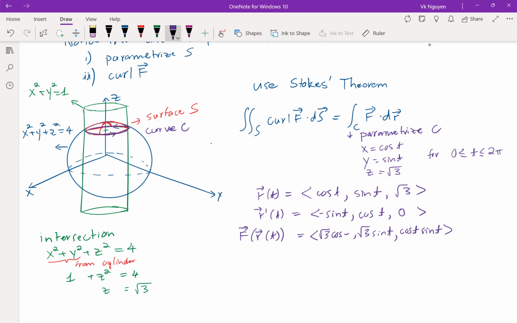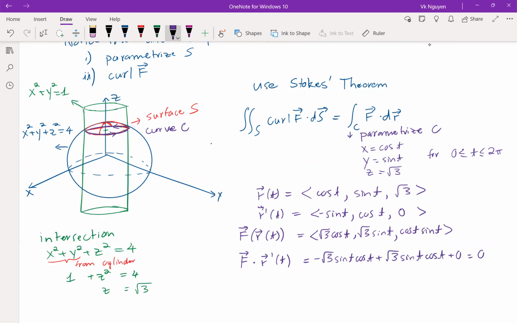Now dot them up, F dot r prime of t. Well, if we dot them up, look at what we have here: negative root 3 sine t cosine t plus root 3 sine t cosine t plus 0.